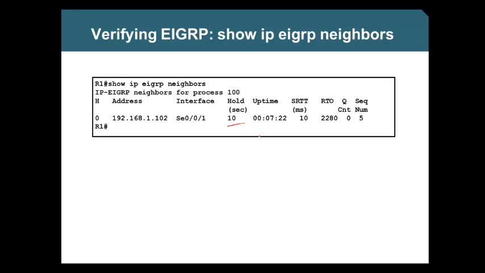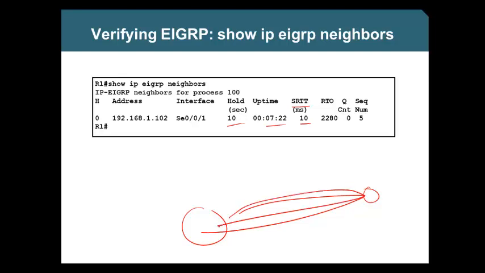All right, so how long has this neighbor been up? For 7 minutes. Smooth round trip time in milliseconds, 10 milliseconds, just to go and come. A packet to go between R1 and R2 and to receive the response. A request, a response. How long does it take for the request and response? 10 milliseconds.